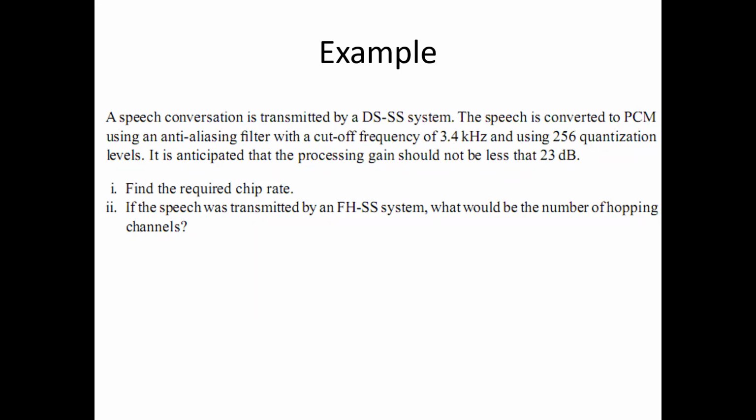It's anticipated that the processing gain should not be less than 23 dB. So the minimum value for GP is 23 dB.